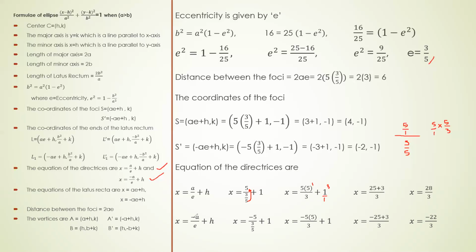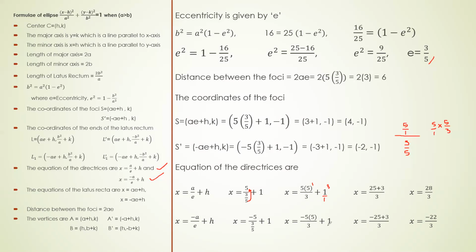So the other point is minus a divided by e plus h, minus 5 divided by 3 by 5. Again, we will take this 5 above, so it will become minus 5 into 5 divided by 3, so it will be minus 25 divided by 3.